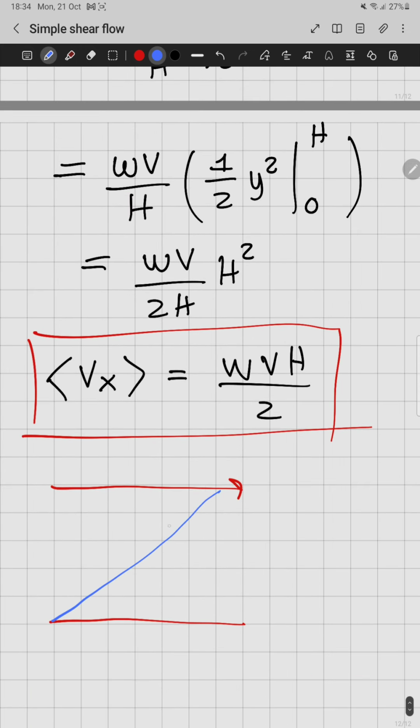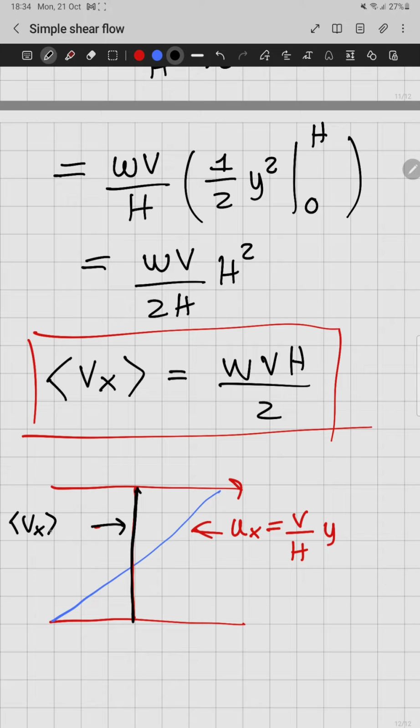So it's going to take this form. But the average is just a constant. So it's just a value, and this red line, let me draw it, this is just the average velocity, which is just a constant.